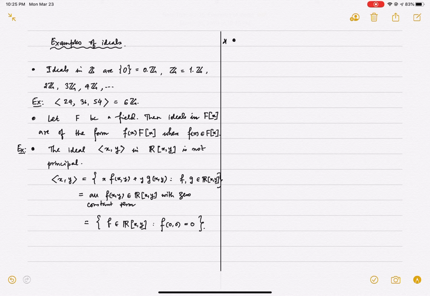This one is sort of a master example. Let A be a set. So it's a very general kind of example, whereas these were very specific. And let R be a commutative ring with 1.